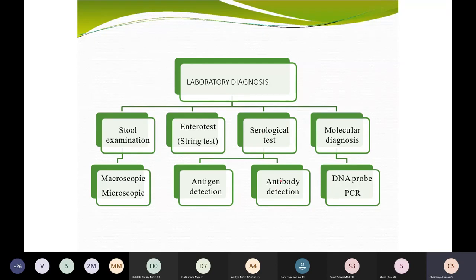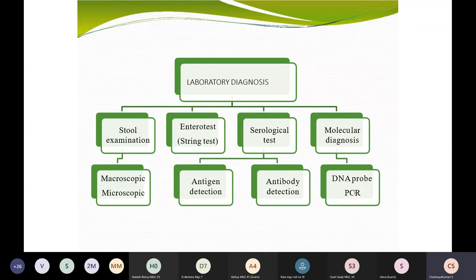Antibody means in our body, against these parasites, antibodies will be produced, and those can be detected. Antigen is nothing but the parasite itself or the trophozoite itself, which can be detected by using the serological test. Or we can detect by molecular diagnosis, where the DNA of these parasites will be detected by using a DNA probe or the PCR technique.